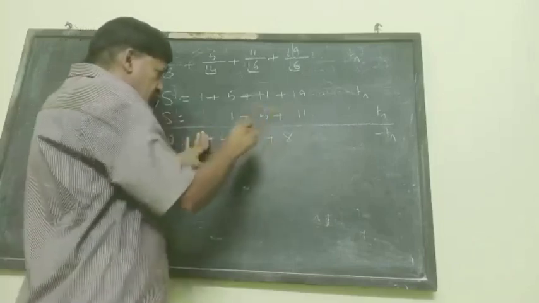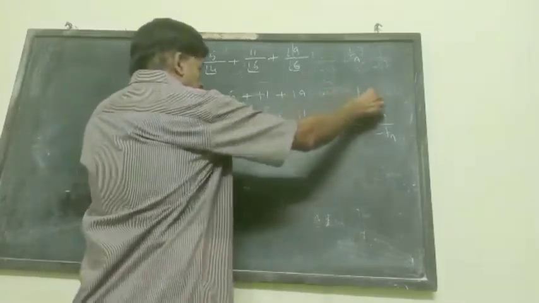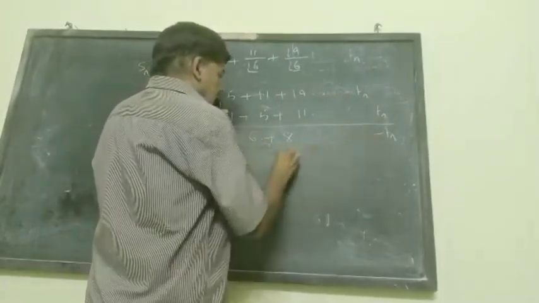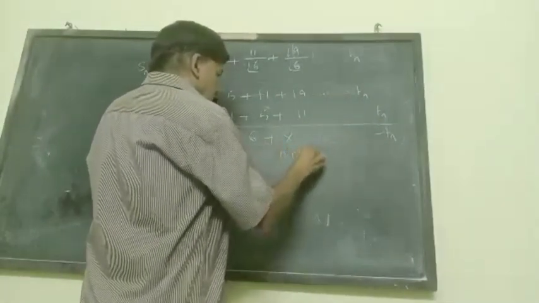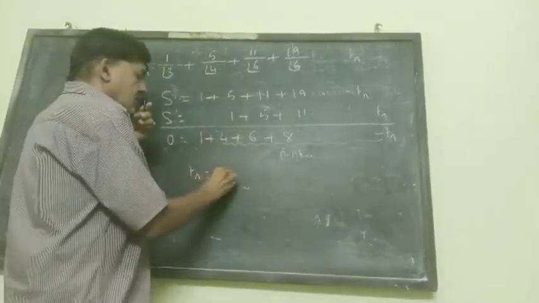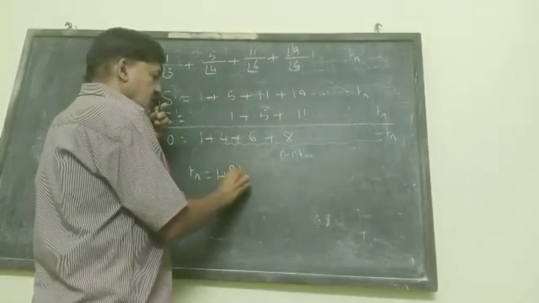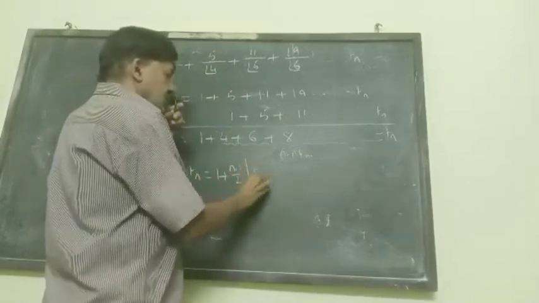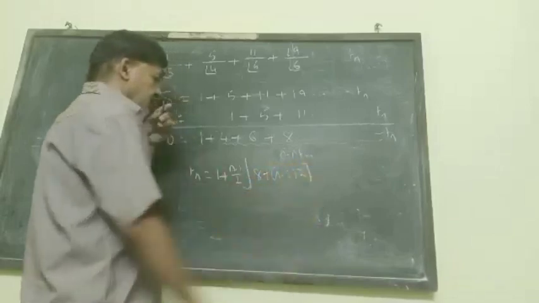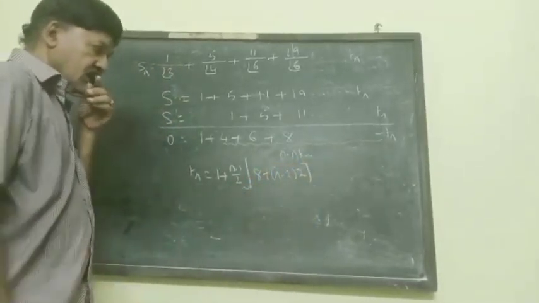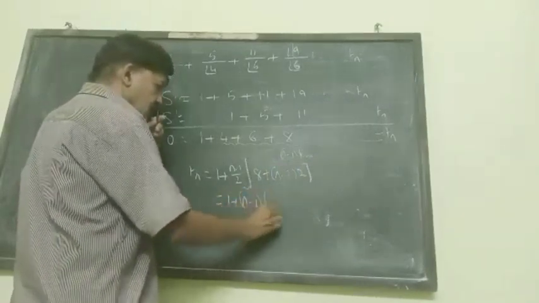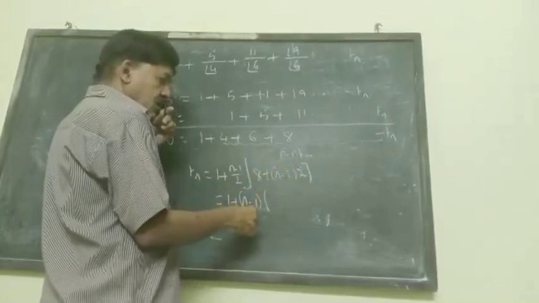They form an arithmetic progression. I already taught this type of model, so forget 1. The remaining all will form an AP. Up to this nth term, these are n minus 1 terms. Bring Tn to here: 1 plus n minus 1 by 2 into 2a plus n minus 2 into d. Understood? So this is 1 plus n minus 1 into 2, you can cancel.